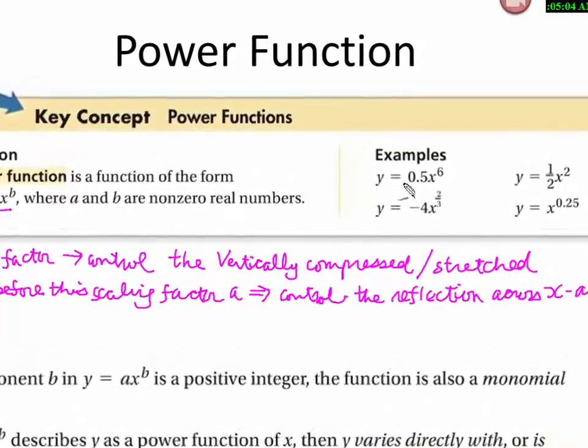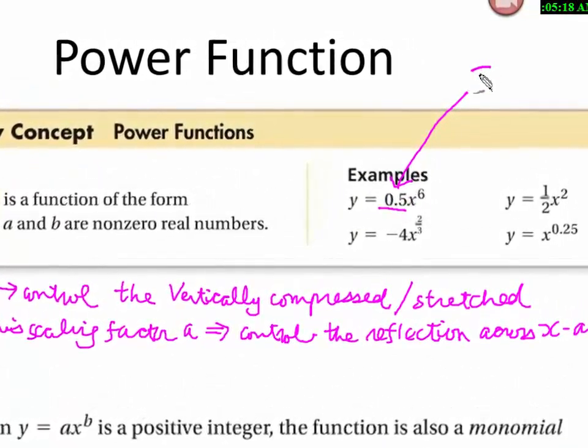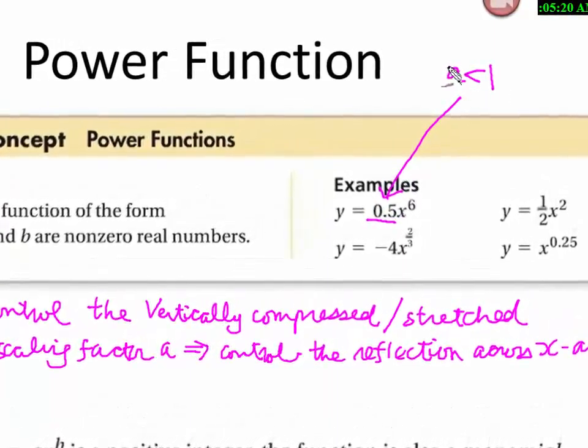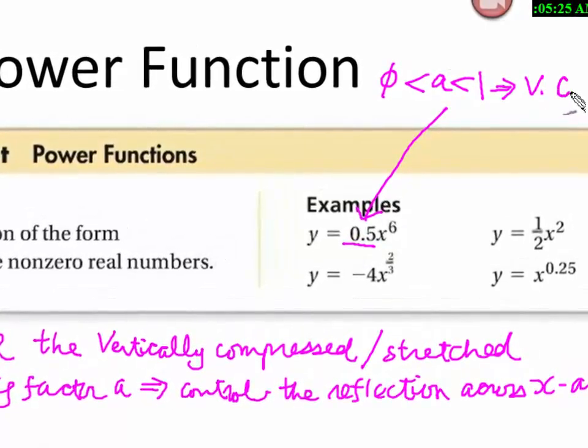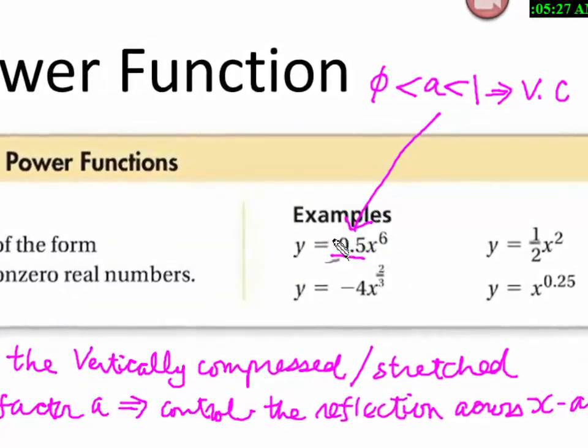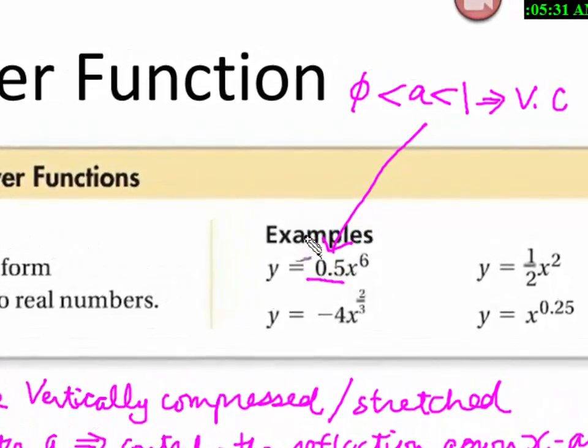So for example, in this one, 0.5, since it's less than 1 and bigger than 0, we know it's going to be a vertically compressed one. And the sign before it is positive, so there's no reflection across the x-axis.